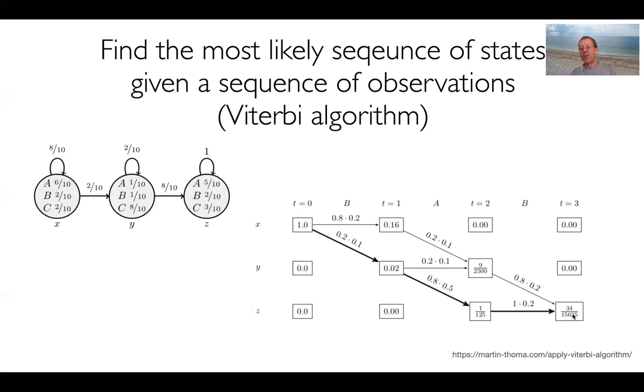And then we get the total probability 34 over 15,625. This is the total probability that we can generate a BAB sequence starting in X and ending in Z. So this is the total probability out of all other possible 3-mers that we can generate from this model, right?